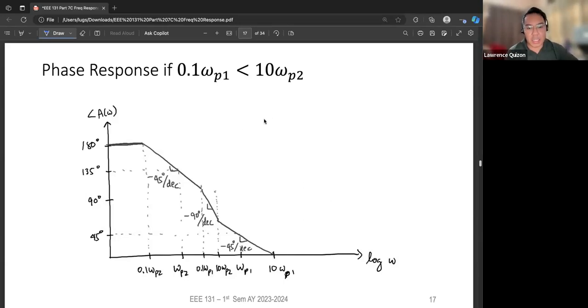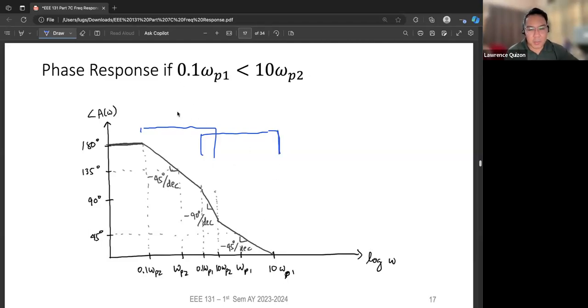This means that ωP1 is less than 2 decades away from ωP2, in which case we have a 45-degree decline, starting from 0.1 ωP2. So this is ωP2's area of influence, but this is ωP1's area of influence, no?